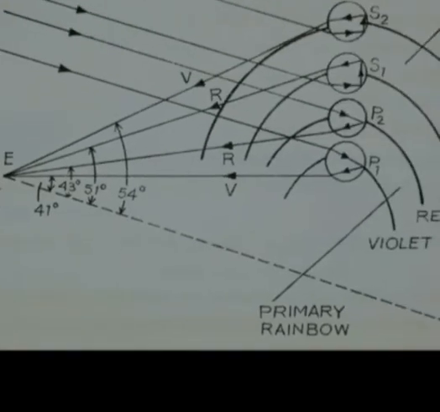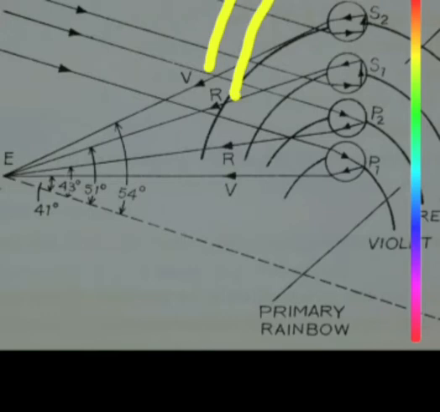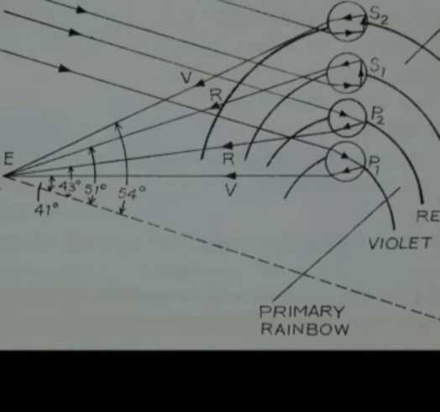So how does this work? If you look into the above raindrops, these are the reflected rays; this is violet and this is red. These reflected rays from the raindrop reach the eye at a semi-vertical angle of 54 degrees and 51 degrees. 54 degrees is for violet and 51 degrees is for red.